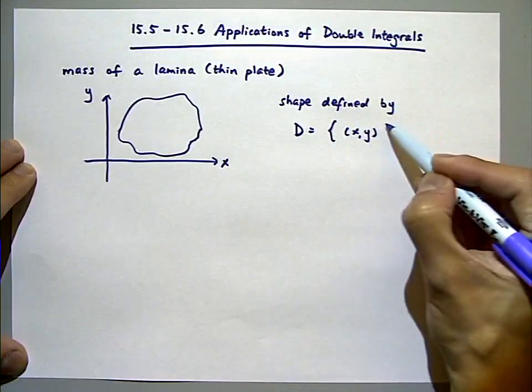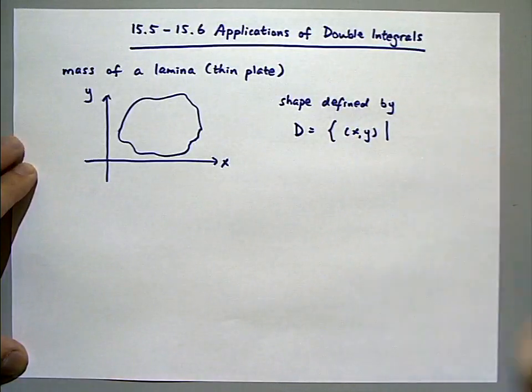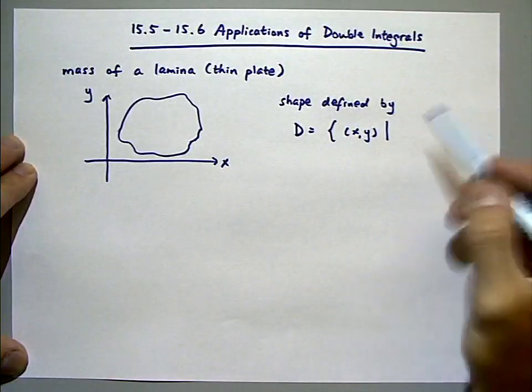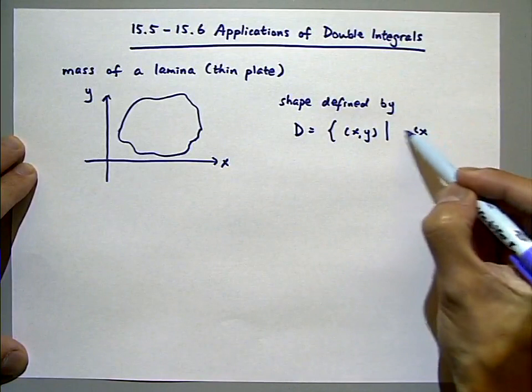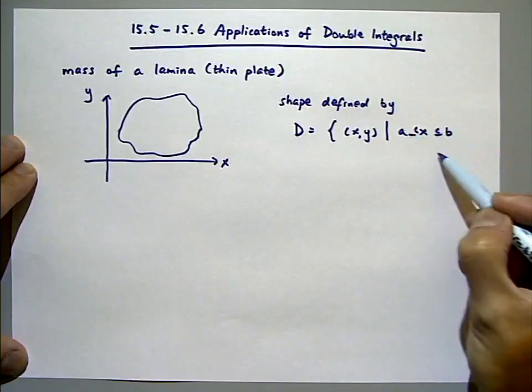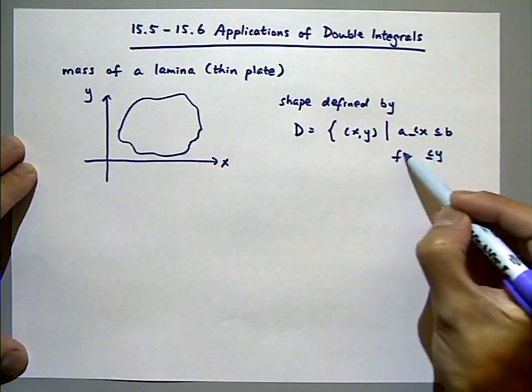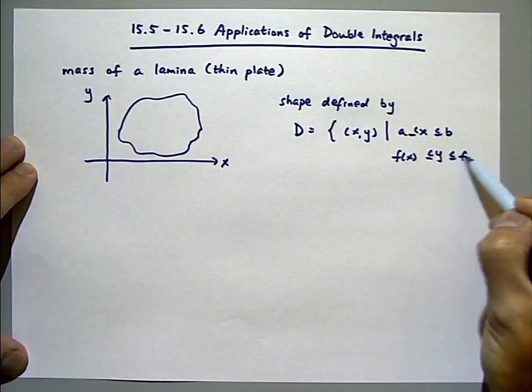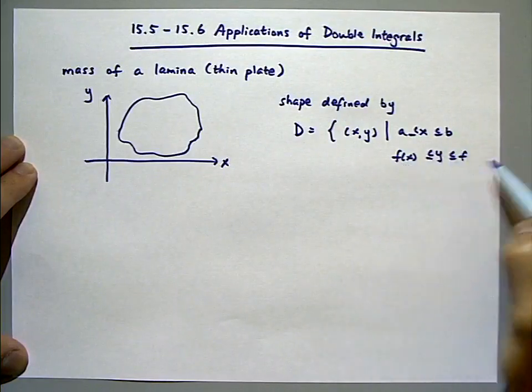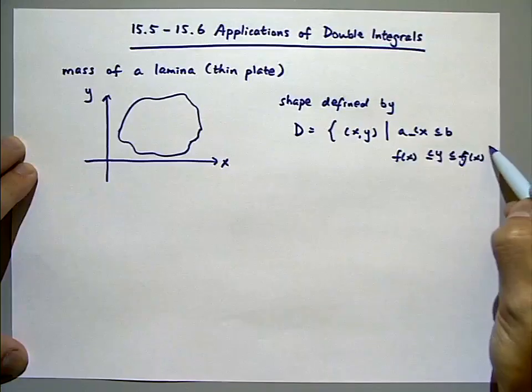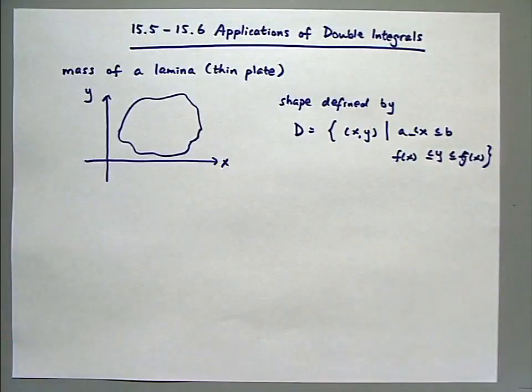So as usual, let's say the shape is defined by something like that, right? Some kind of shape here defined by the region D. And we would like to find the mass of that plate.